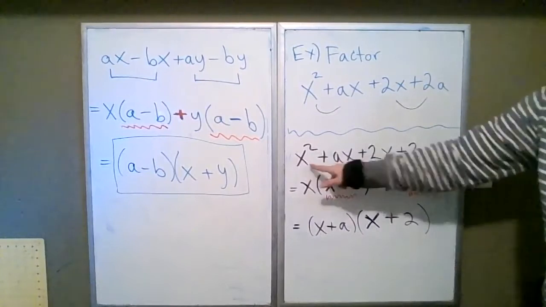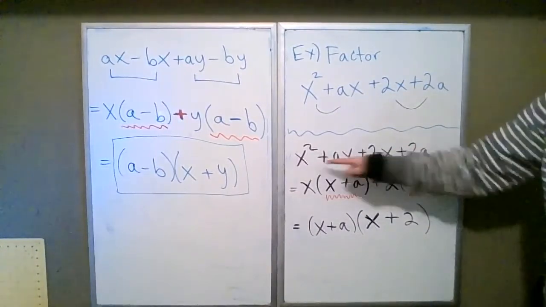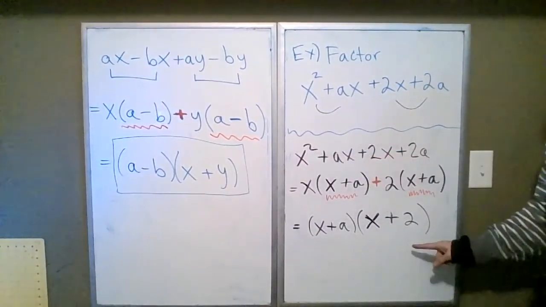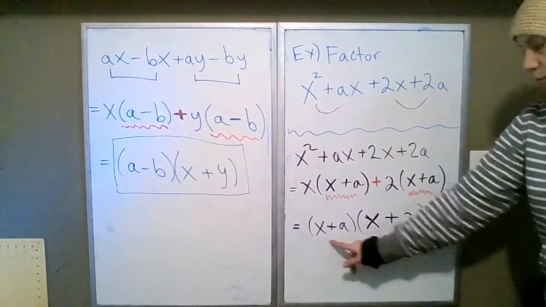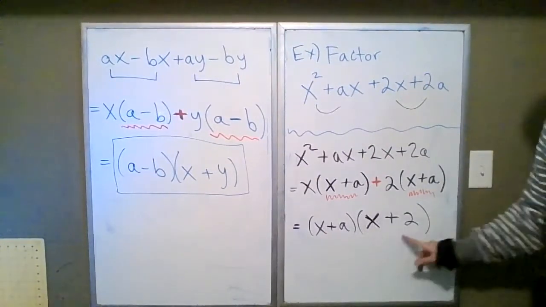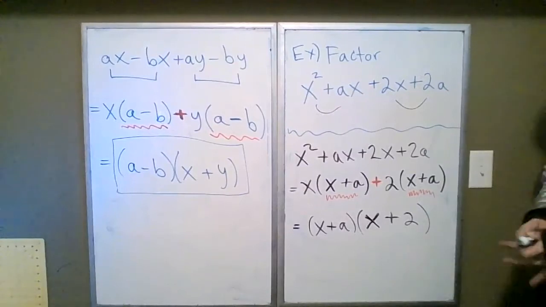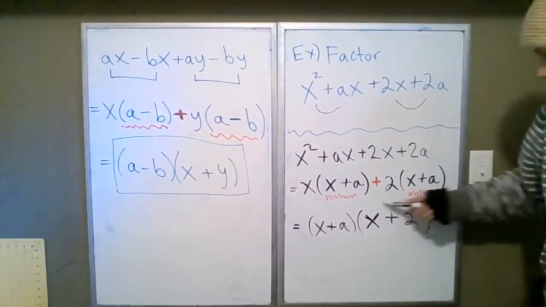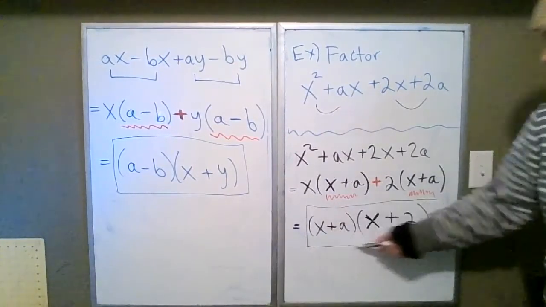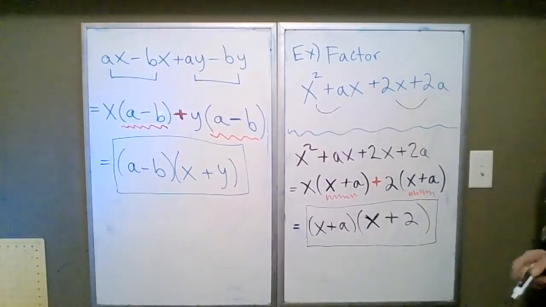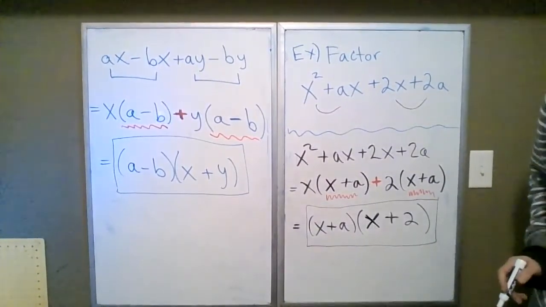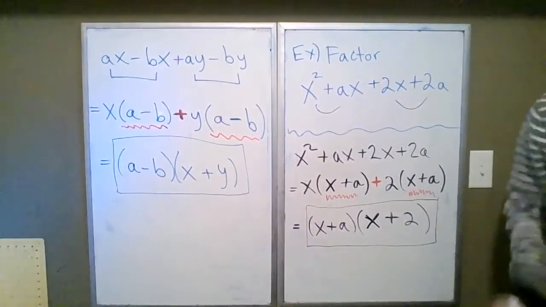So we've gone from this fully expanded form to a product, this binomial times this little binomial. Factor.